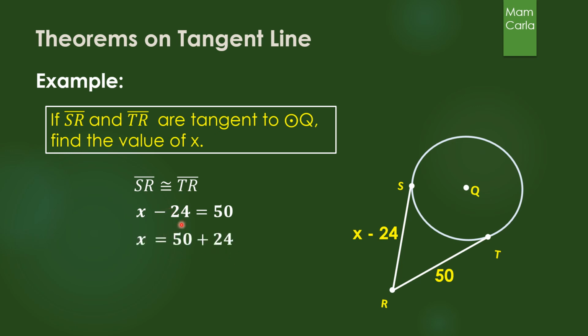Solving for x, we transfer our negative 24 to the right side of the equation. That's why our equation will be x equals 50 plus 24. Adding 50 plus 24, x has the value of 74.